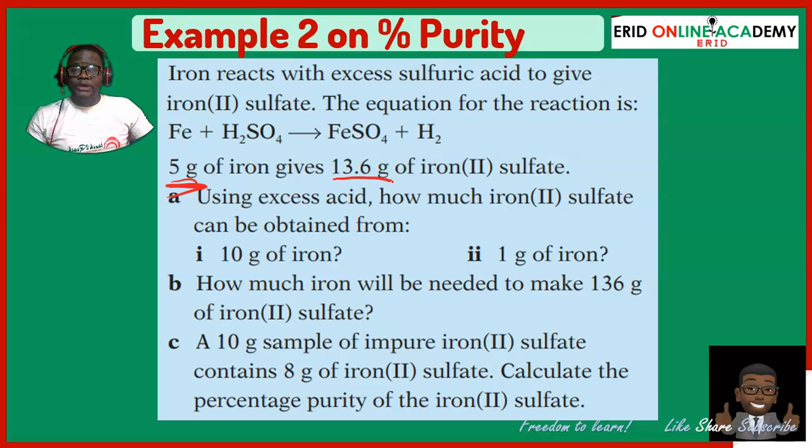So let's assume that we are not working with the mole ratio of the equation. We just want to use the mass ratio given to us. So I will be solving this question in terms of the ratio of the mass of product against the mass of the reactant that is given to us. So let's solve the first part of this question.